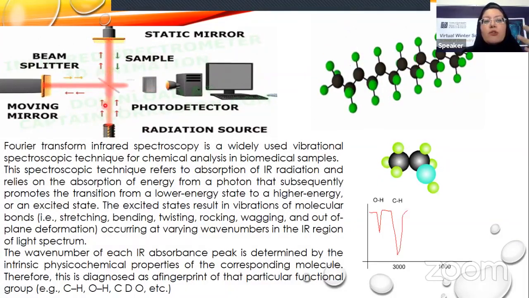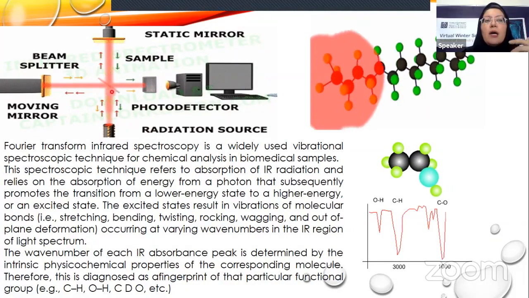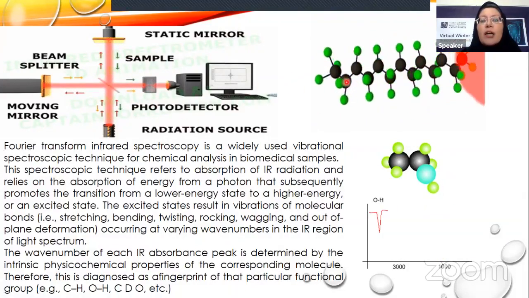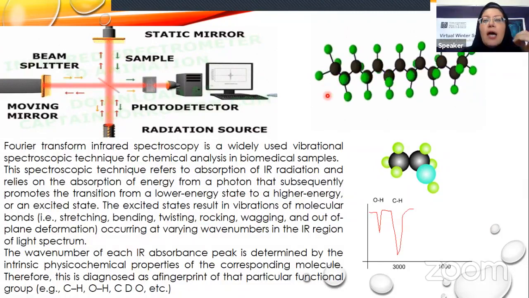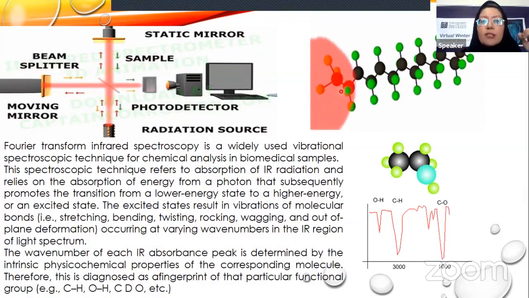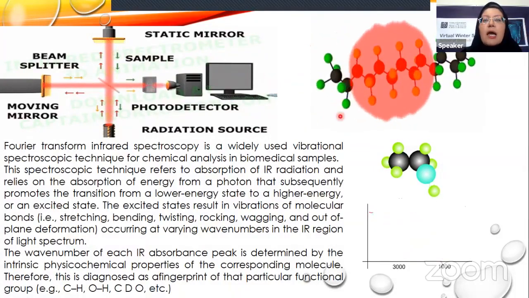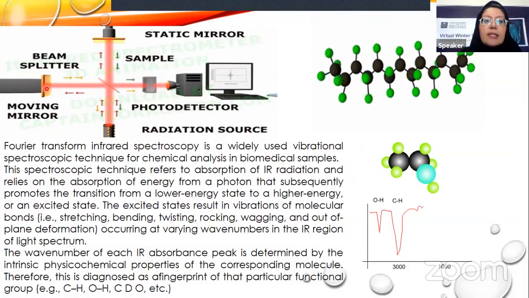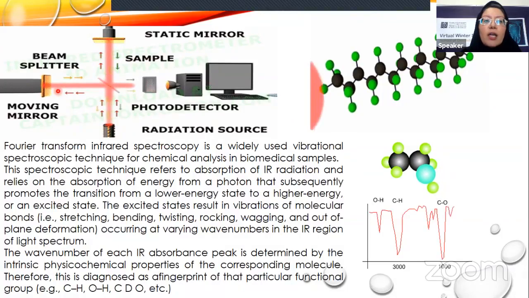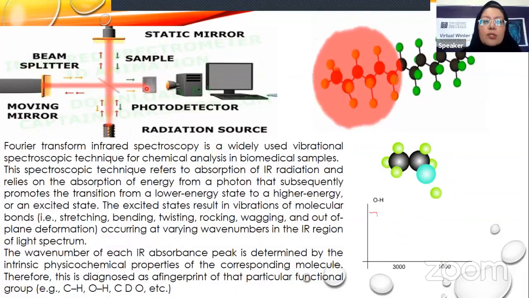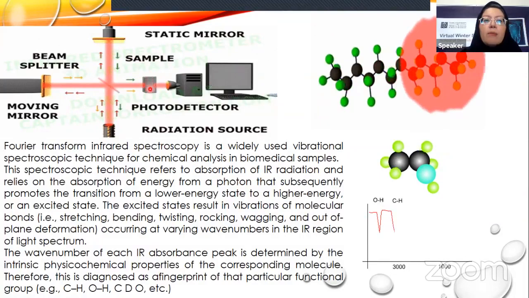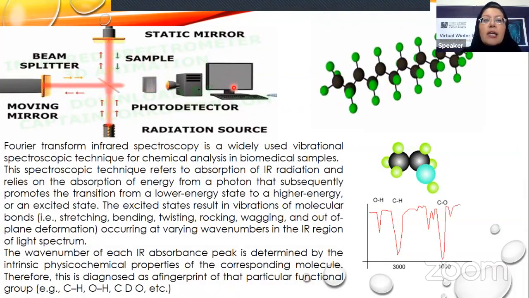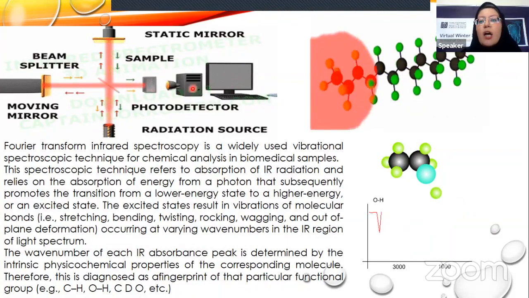Subsequently, the photon converts to its excited form, and the excited form can vibrate different bonds of materials, different molecular bonds, and bonds in functional groups. Here you can see the pathway of IR: it goes to the sample and vibrates the molecular bonds of the sample. And here we can obtain a diagram.